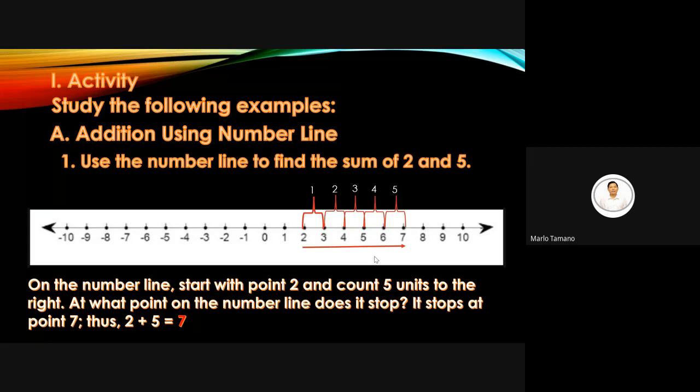And that is correct. Remember, your 2 is positive and your 5 is positive. Even without a sign, it is understood that they are positive. So your addends 2 and 5 are both positive.